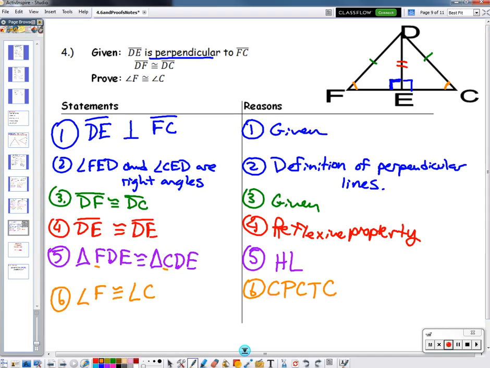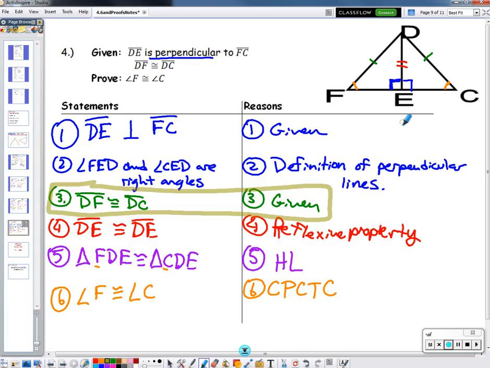And you could say that DF is congruent to DC, right? And based on the picture, what kind of triangle is DFC, if those two sides are congruent to each other? There's a name for it. It's an isosceles triangle, right? And if those two sides are congruent, what would make these angles congruent? The base angle converse theorem.